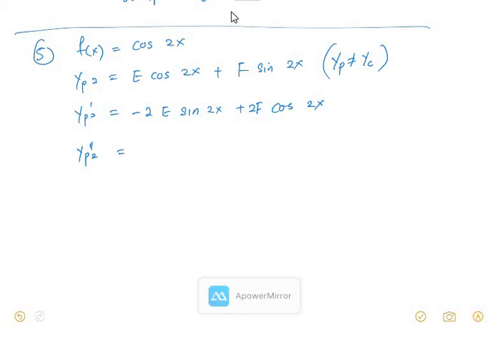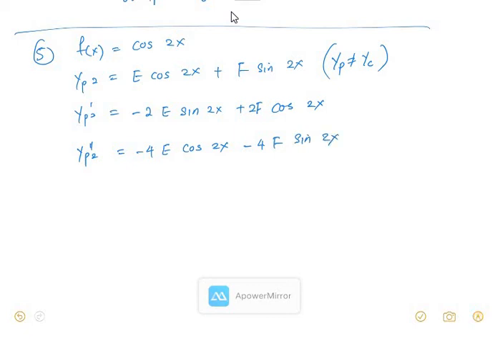Because you have the sine 2x, you have negative 4e cos 2x. And then differentiate cos, you get minus sine, so minus 4f sine 2x.